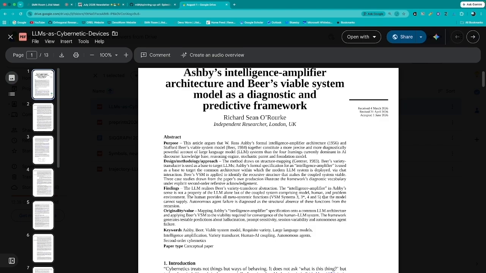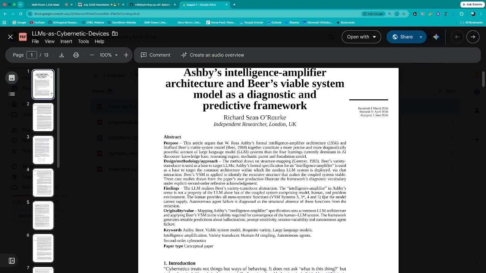Okay, so then the originality and value proposition: mapping Ashby's intelligence amplifier specification onto a common large language model architecture and applying Beer's viable systems model to the viability required for convergence of the human-large language model system. So we have this intelligence amplifier that specifies the relationship between how a user might use a large language model architecture.